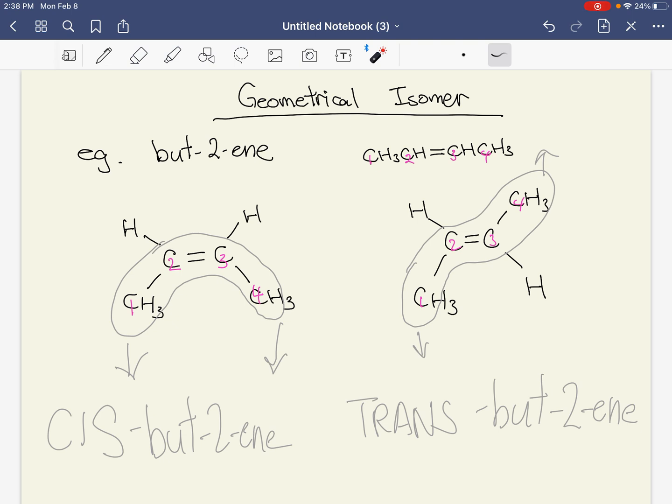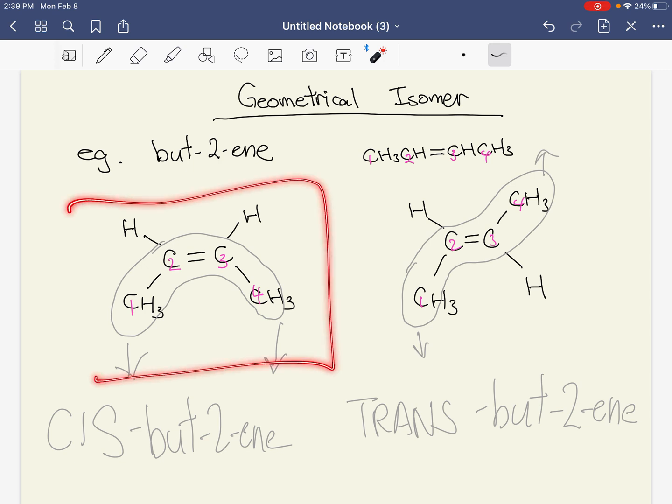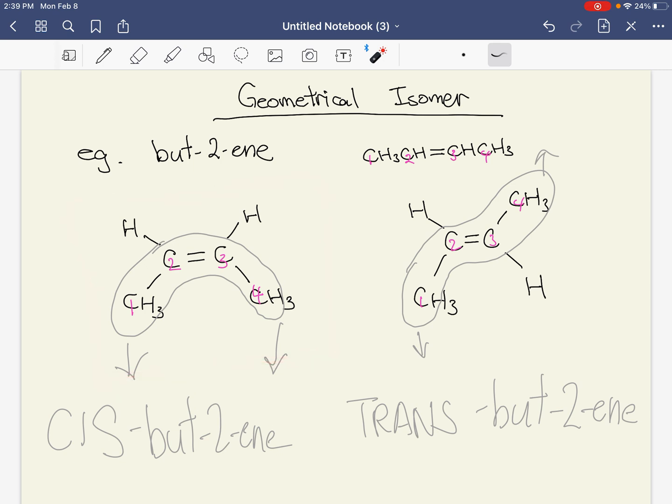Now, there's a little thing that I want you to know, and that's bond rotation. A single bond can be easily rotated. You can rotate these things as much as you want. Nobody cares. But hey, you cannot rotate a double bond. This is pretty static. This is composed of a sigma and pi bond. You cannot rotate these things. Hence, when they're made like this, they're made like this.